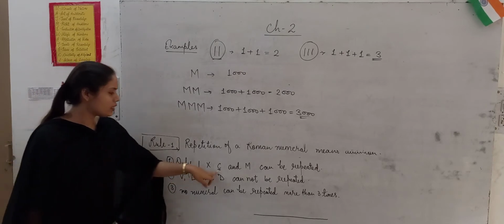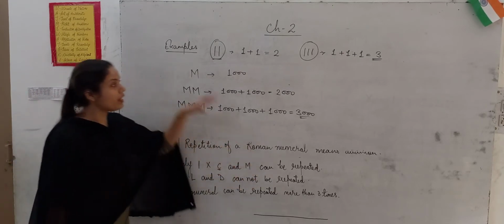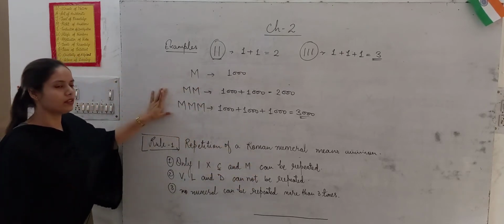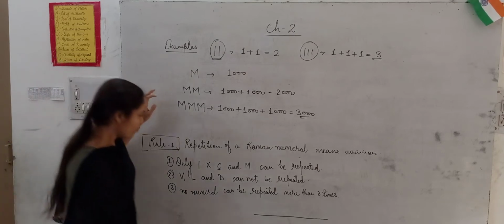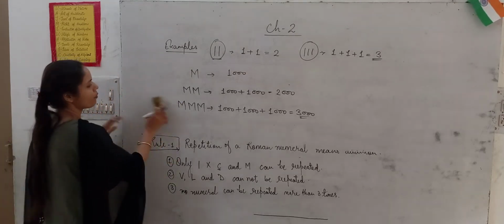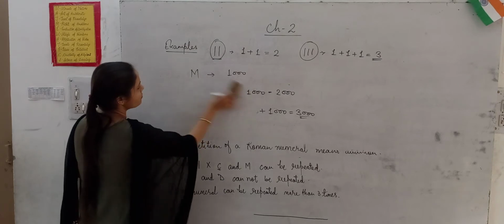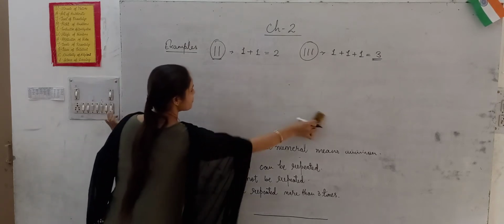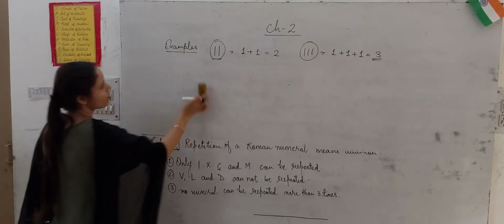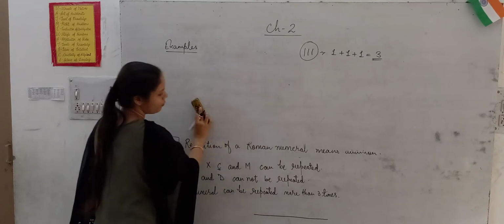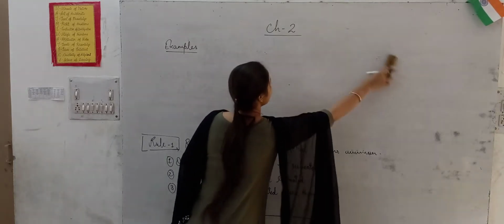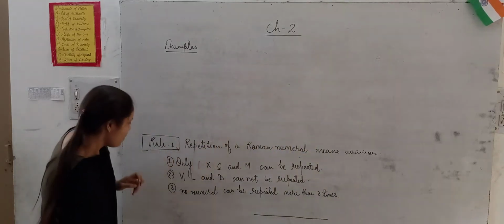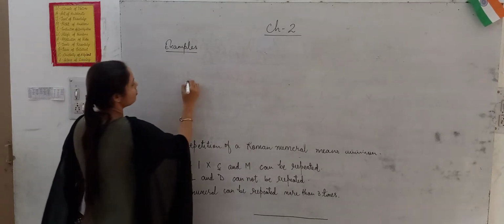Only I, X, C and M can be repeated, and this is how we can repeat these symbols. Clear? Point number 2 is that V, L and D cannot be repeated.